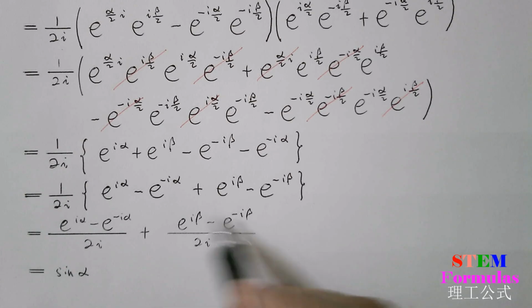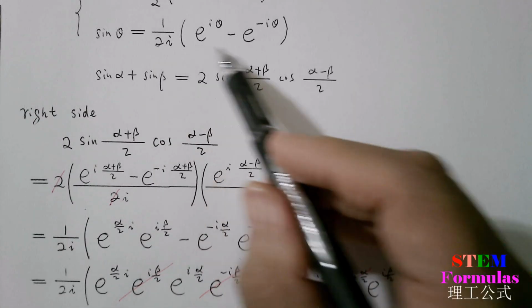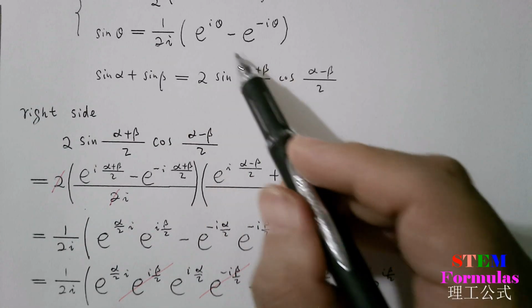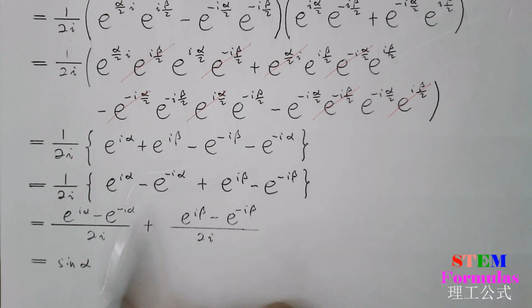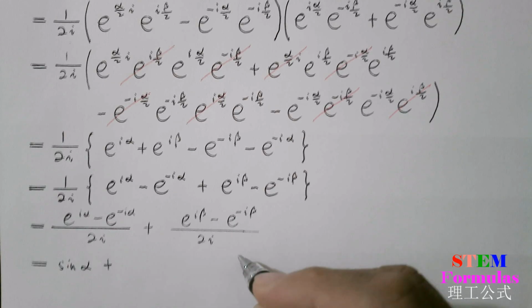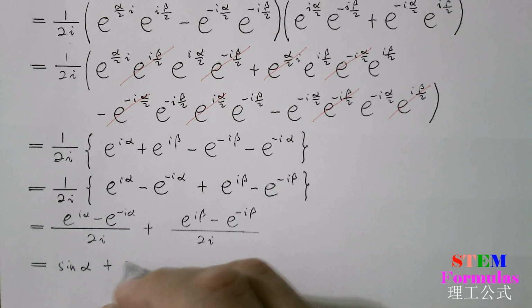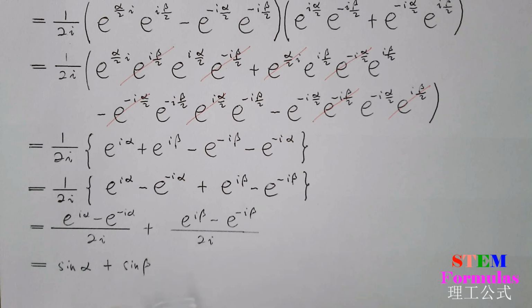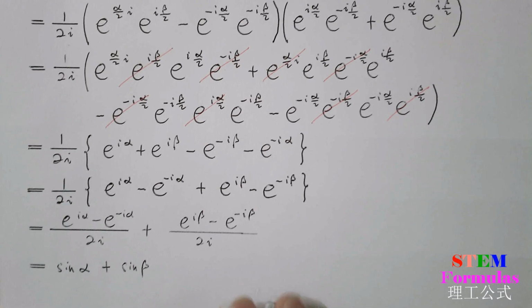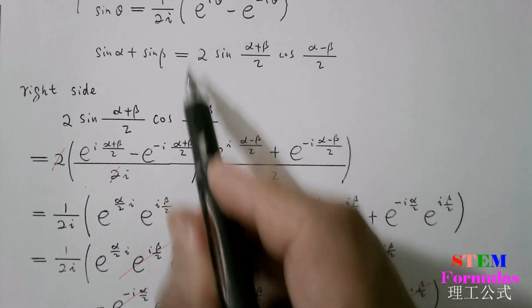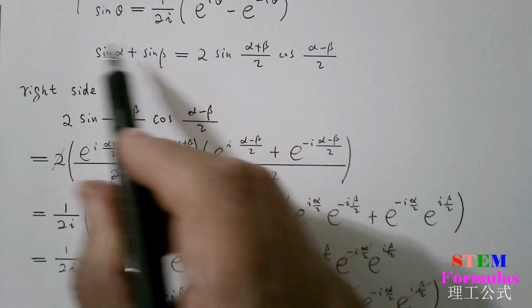And this second term, according to here, equals plus sine beta. So we just proved that the right side equals the left side.